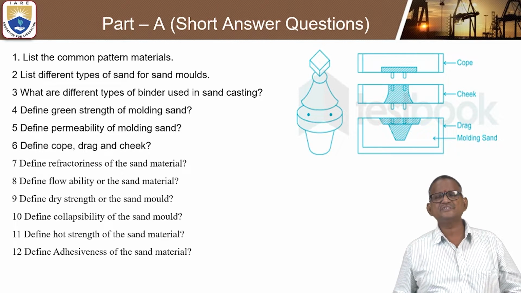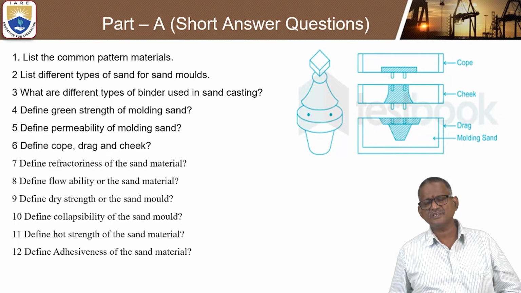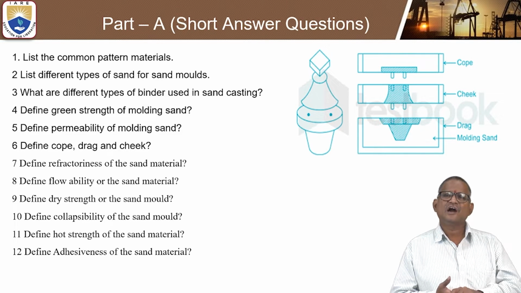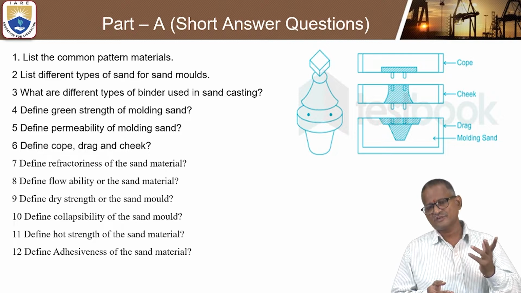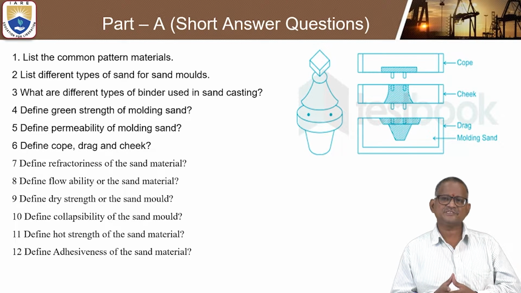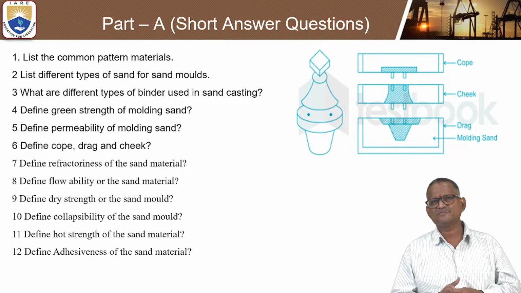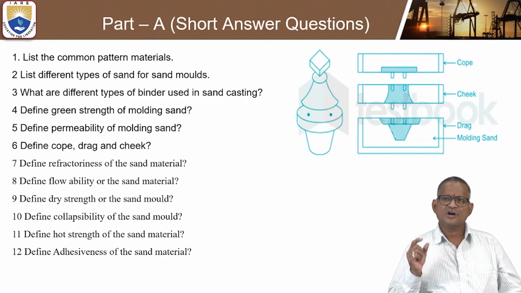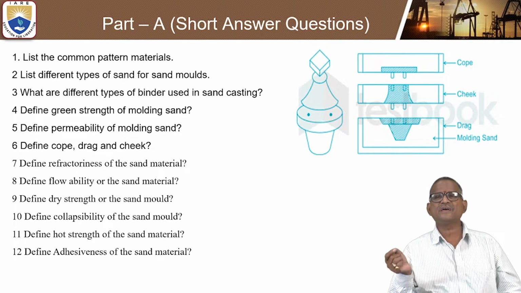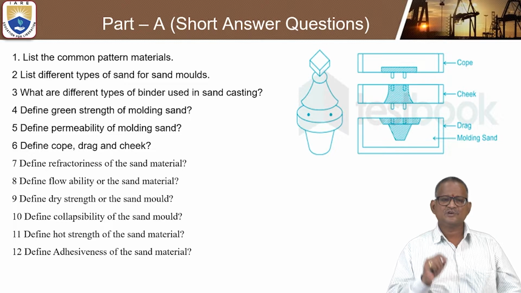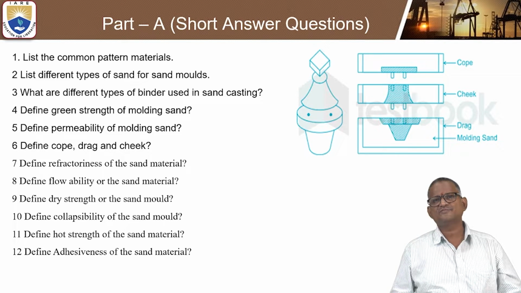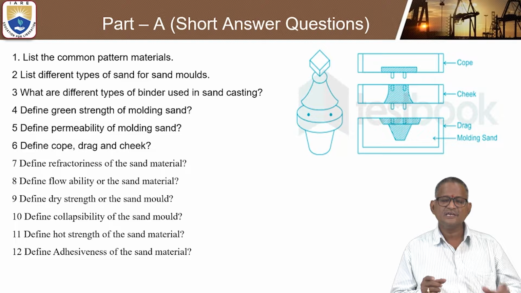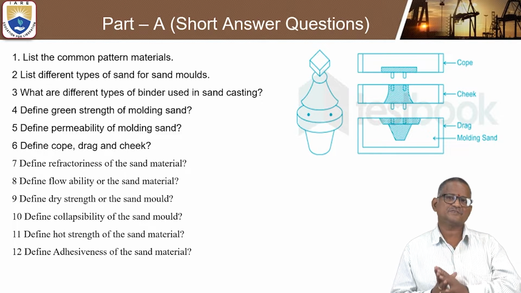Even though it is a short answer question, especially when you are attending interviews or competitive examinations like GATE or IAS, there are short answer questions, fill in the blanks, and sometimes objective type, four-option questions may be asked. If you answer all those effectively, you need to understand the concept of the manufacturing process clearly.